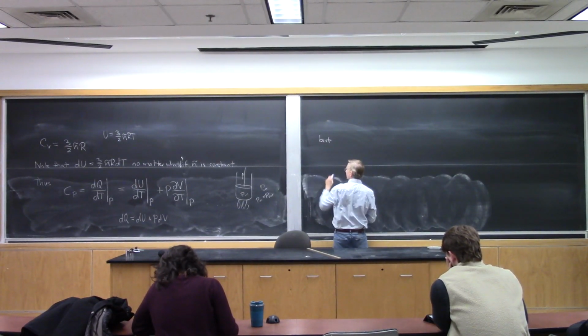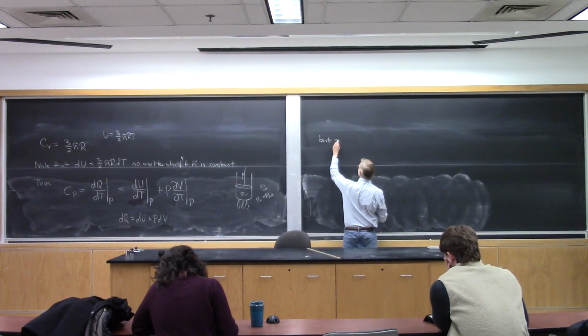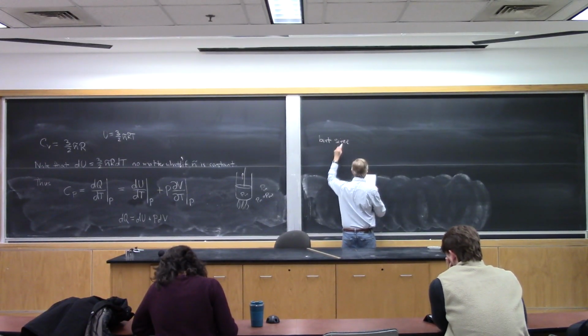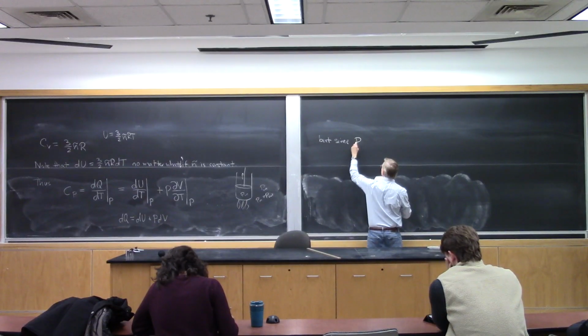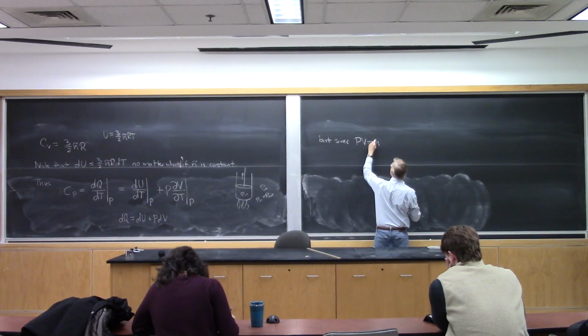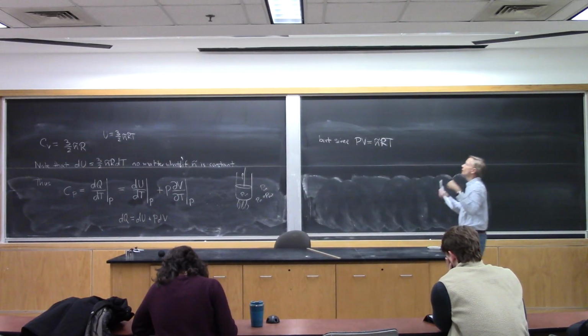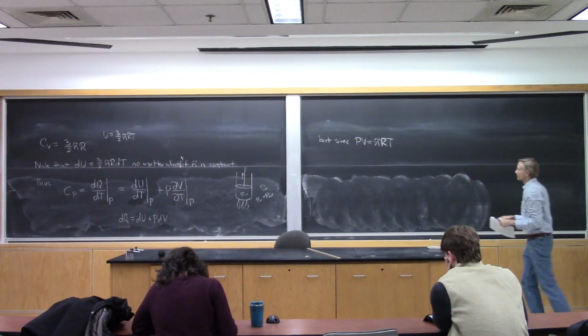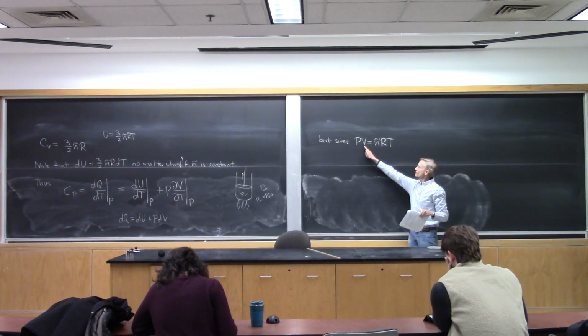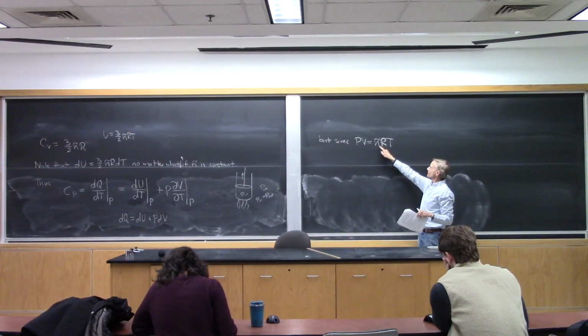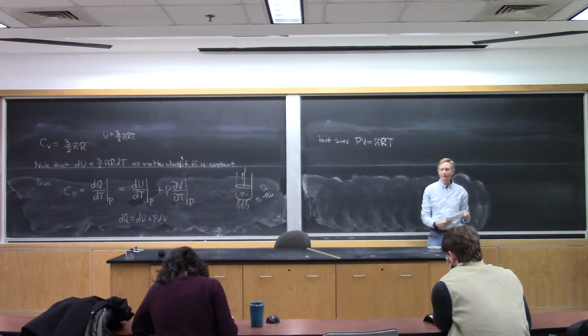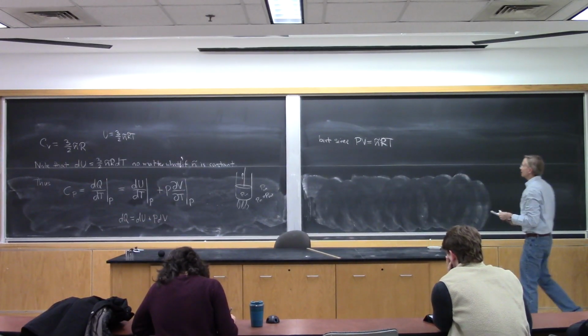So my next line here is, but since PV equals n tilde RT, oh my gosh, we're doing more the chemist version of the ideal gas law. But again, this is all per unit mass. This is the volume per unit mass, 1 over the density. This is the number of moles per unit mass. Everything is per unit mass here.